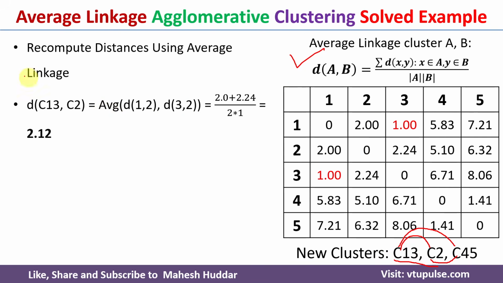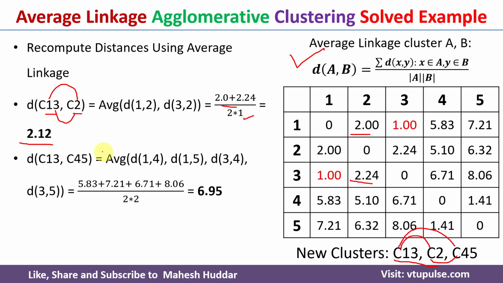The average distance between the data points 1 to 2 and data points 3 to 2. The distance between 1 to 2 is 2. The distance between 3 to 2 is 2.24, divided by the number of data points in the first cluster, which is 2, and the number of data points in the second cluster, which is 1. Once you do the calculation, we will get the distance as 2.12.